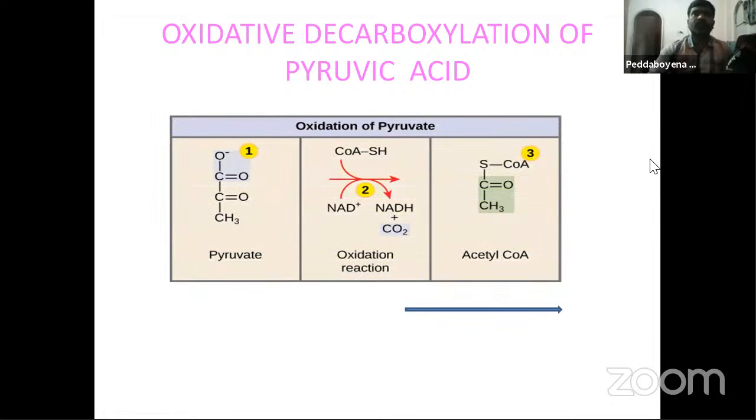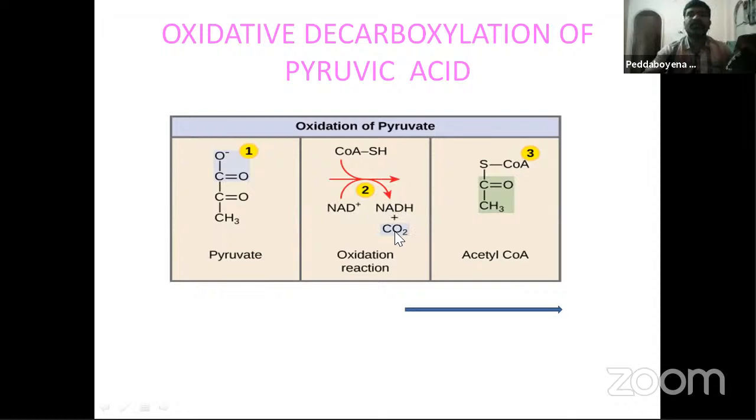Okay, oxidative pyruvate. In this, the three carbons of pyruvate undergo an oxidation reaction. Here NAD plus is converted into NADH plus. This is called dehydrogenation, where NAD plus is converted into NADH.